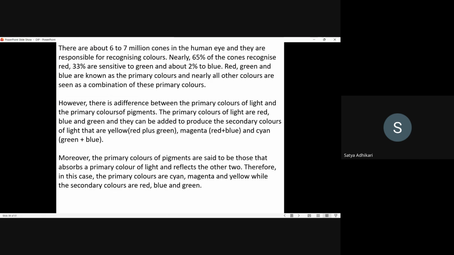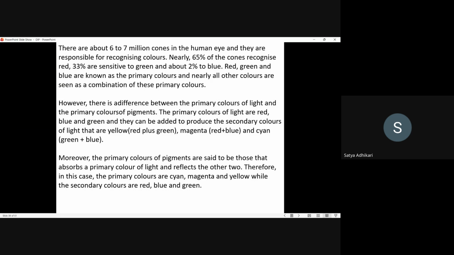However, there is a difference between the primary colors of light and the primary colors of pigment. The primary colors of light are red, blue, and green, and they can be added to produce the secondary colors of light that are yellow, magenta, and cyan, known as CMY.